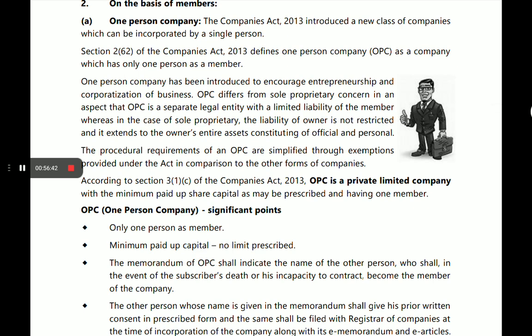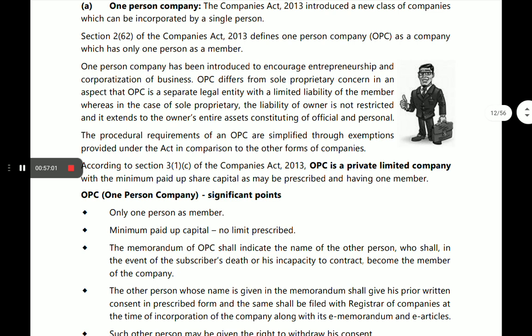The procedural requirements of an OPC are simplified through exceptions provided under the Act in comparison to the other forms of companies.